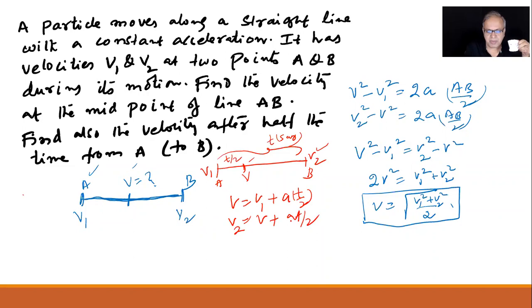So if you make a t by 2 same, because t is not there, we'll eliminate it. What will I write? v minus v1 equals v2 minus v. So if I bring that side and write, finally, (v1 plus v2) by 2. Just try to understand these two results in a physical sense.